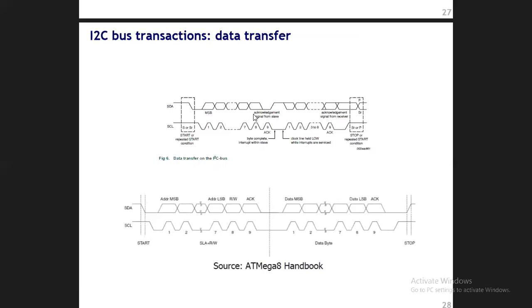So first you send the address of the slave, and the address is 7 bits, so on the 8th bit we have the read and write bit, which says whether it will be a read operation or a write operation. And as mentioned, read and write are from the master's perspective, whether the master has to read or write. So that will be the 8th bit of I2C: after the start condition, here we have the address of 7 bits and the 8th bit will be the read/write bit.